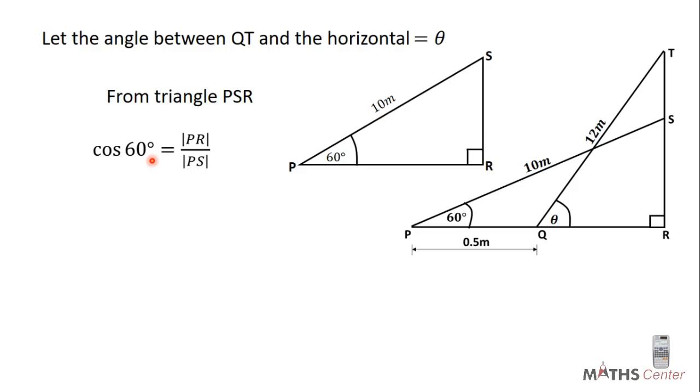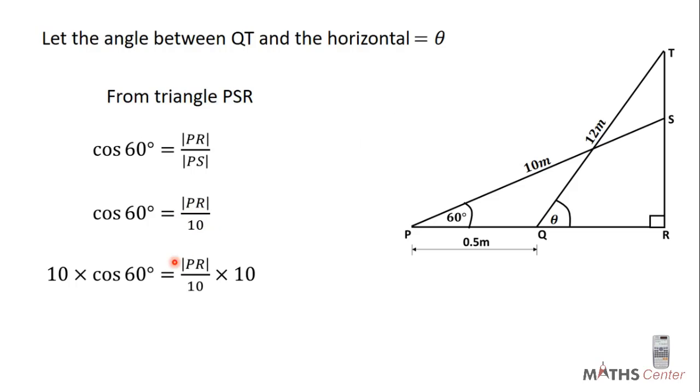So we are going to use cos. We can say that cos 60 degrees is equal to PR, which is the adjacent, divided by PS, which is the hypotenuse. We know PS to be 10 meters, so cos 60 degrees is equal to PR divided by 10. To solve this, we multiply both sides by 10, so the 10s cancel.